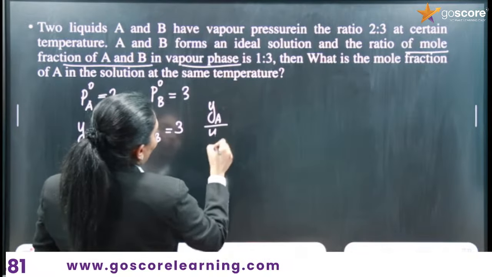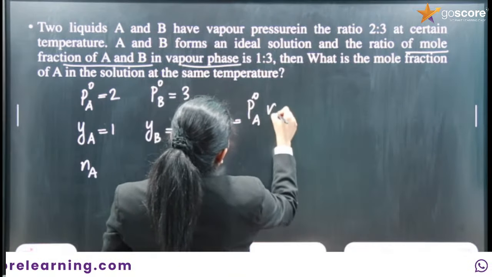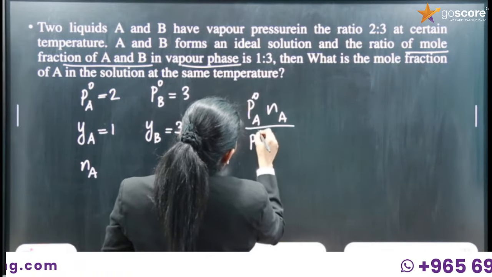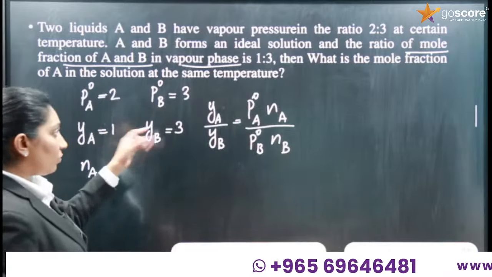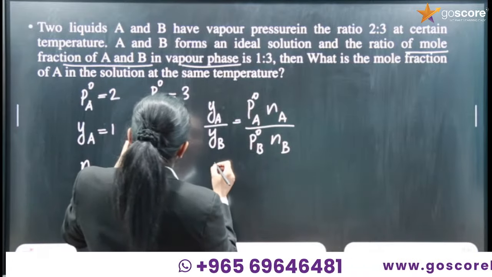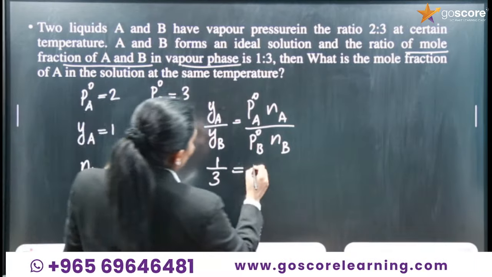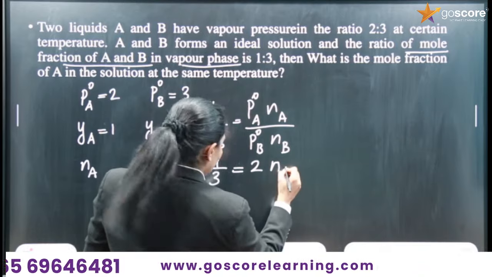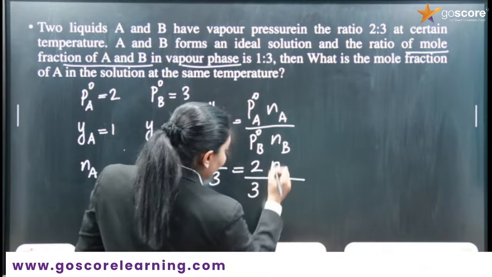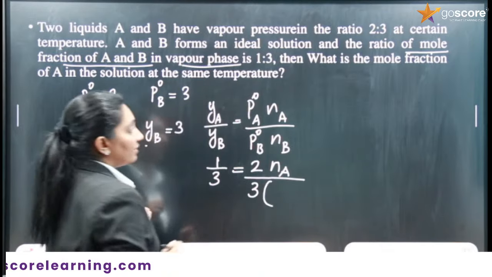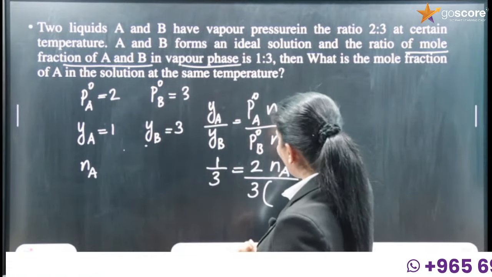Here YA and YB values are given, so it is 1 by 3 is equal to P naught A, which is 2, into the number of moles of A that we want to find out, and P naught B is 3, and instead of NB I can write 1 minus NA, right?